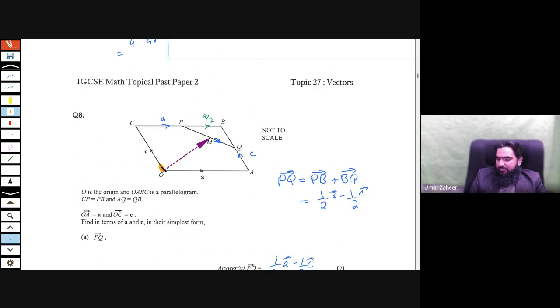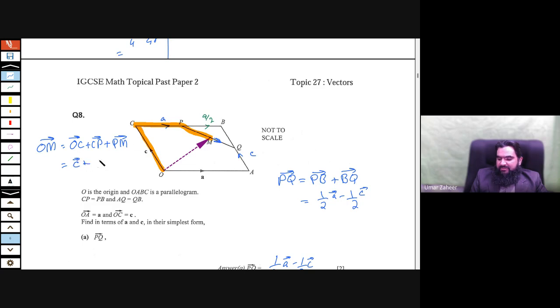I'm just going to move from O to C, C to P, and P to M. So OM is equal to OC plus CP plus PM. Now OC is given, that is C vector.